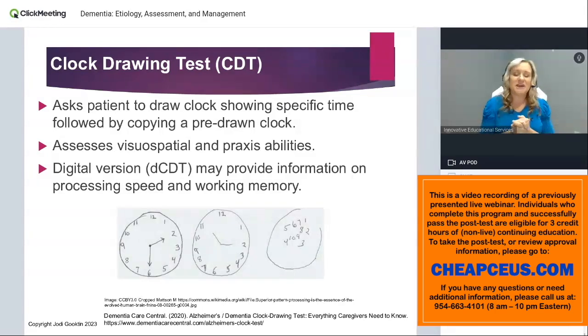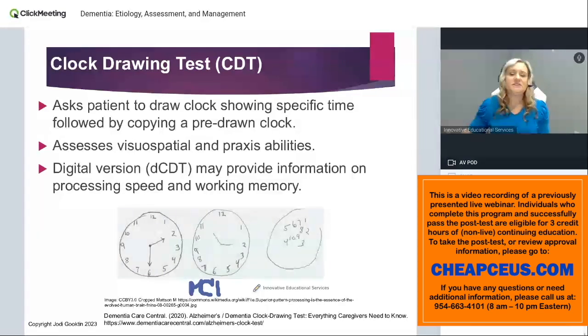So anyway, the clock draw test is going to ask the individual. You can start them with the circle or not on the paper. So you're going to ask them to draw a clock, and then you're going to set the hands so that the clock is going to read in this example 2:30, and you're going to look at the individual drawing the clock. The first example is how it should look for someone who does not have any impairments. The second example is someone who has mild cognitive impairment.